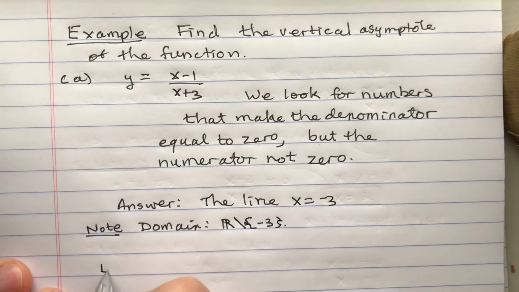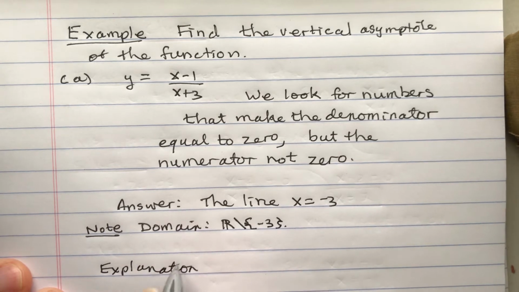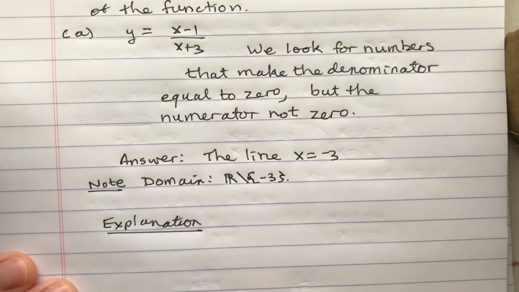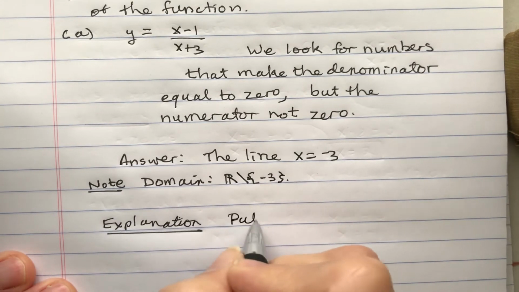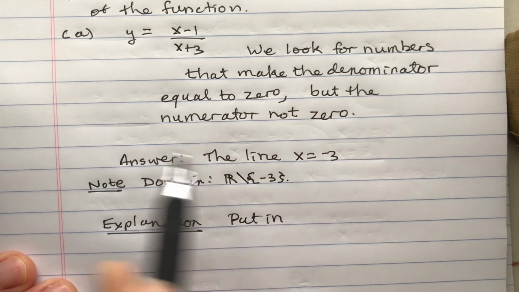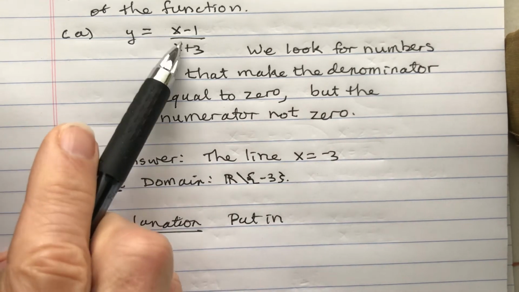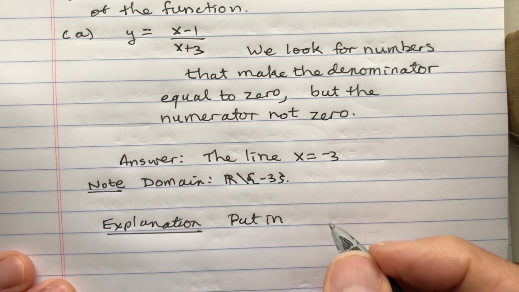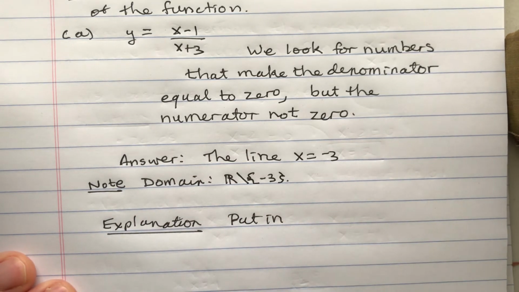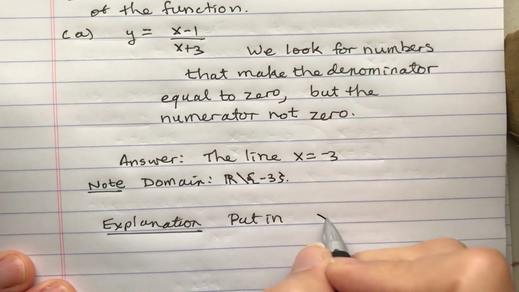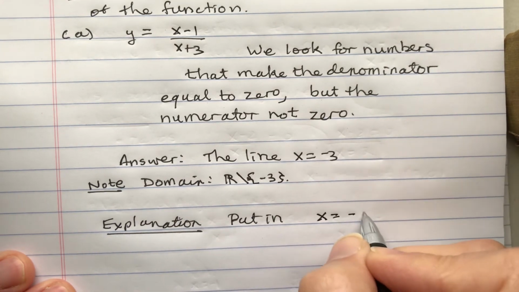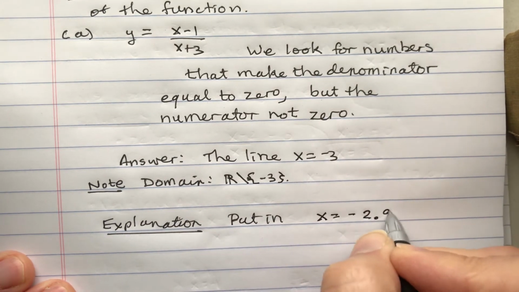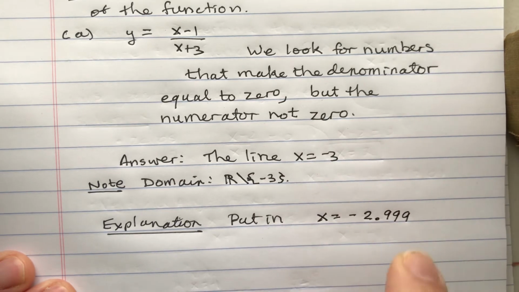And as an explanation, I want to show you that what's going on with this problem is that if I put in a number close to -3, this fraction will become very large. So say I put in x equals -2.999.